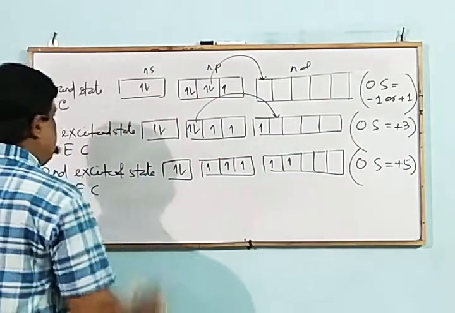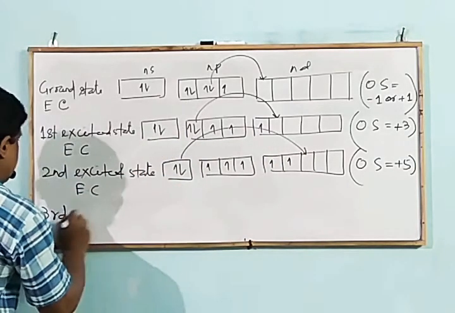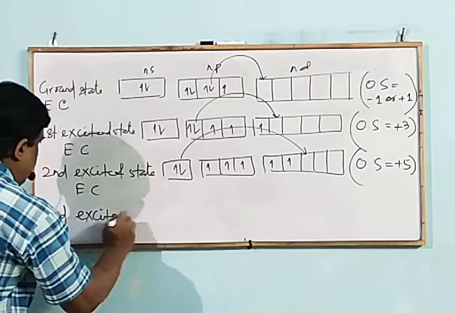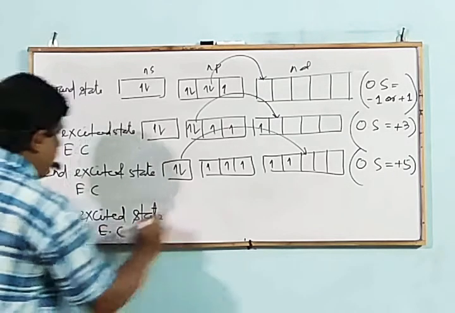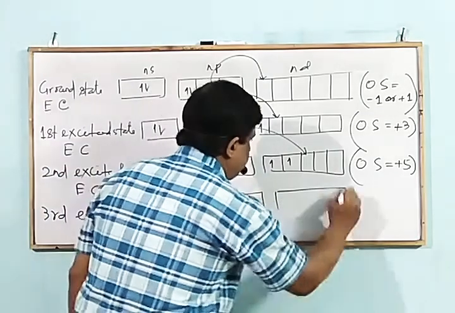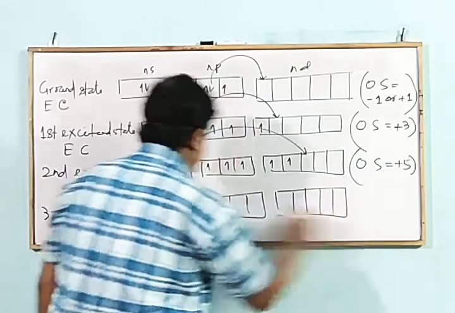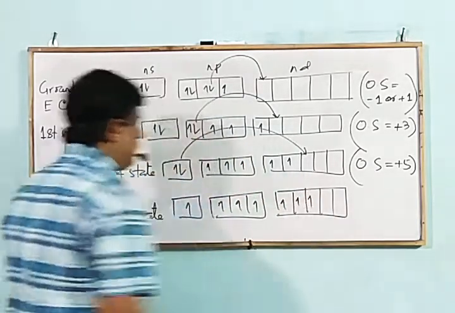Next is the third excited state electronic configuration. Mark the box-like diagram.